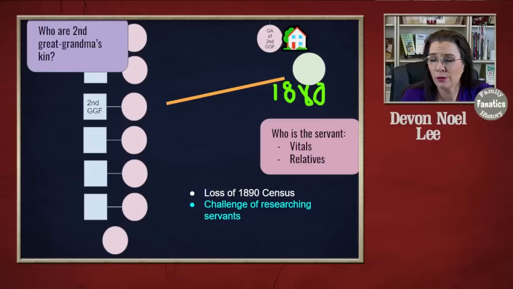Servants should be a very big red flag in your research. It's not that nobody wanted to record them, but it's very difficult to tie a servant to their family members from a census record. You don't necessarily have a lot of clues to work with. Additionally, servants tend to move around a lot. And that makes it hard to keep track of their records.